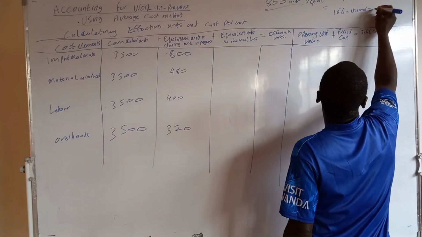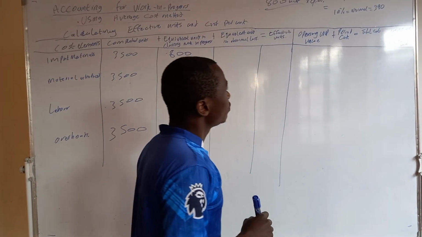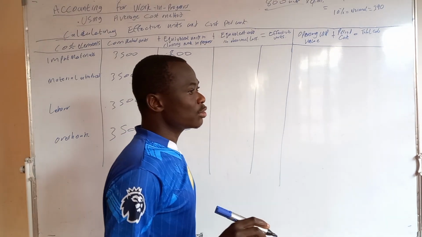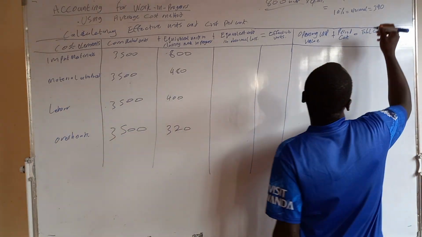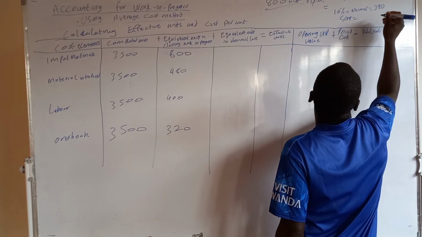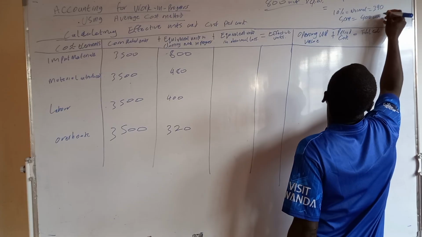This we calculated and we got 390. But what was scrapped was 400 units. Okay?